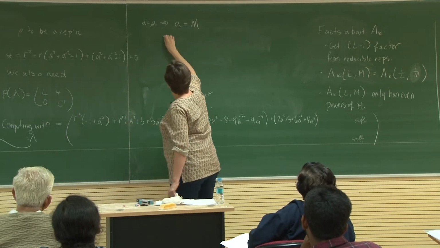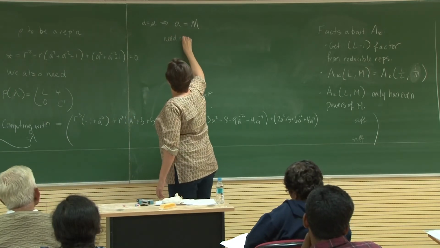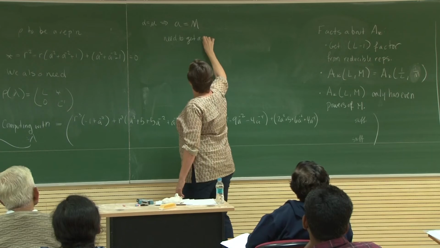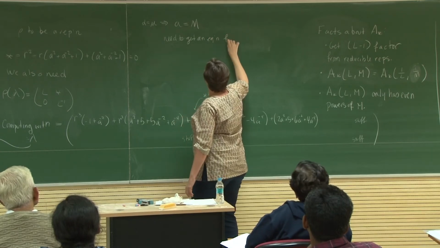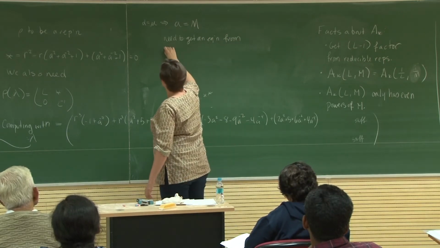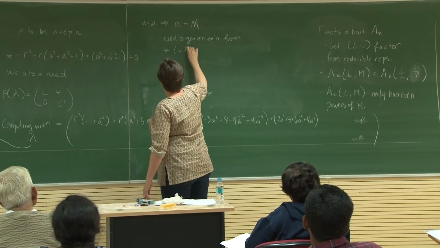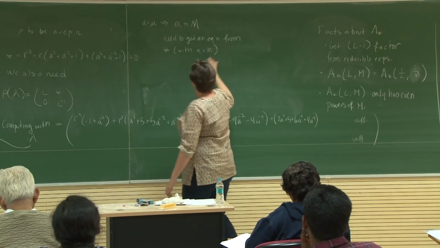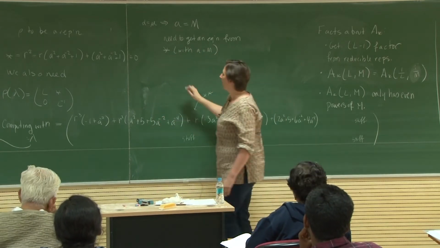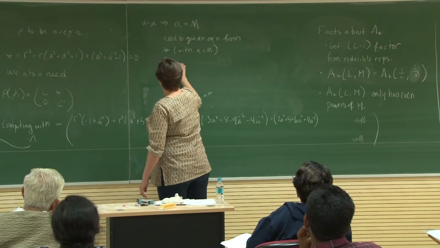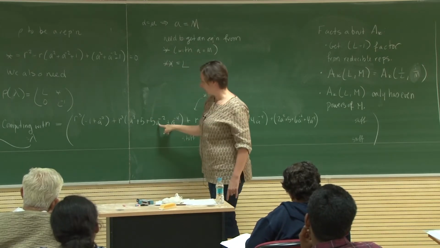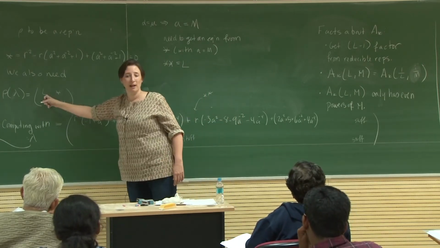So I need to get an equation from star, writing it in terms of m, and double star equals L, right? Because the 1, 1 entry is what tells you what L is.